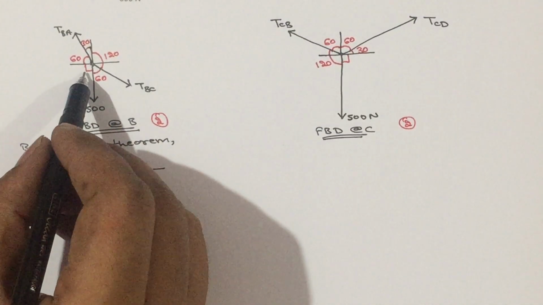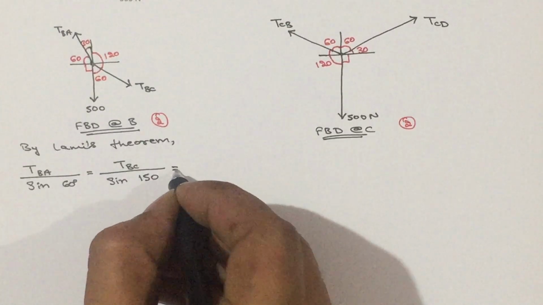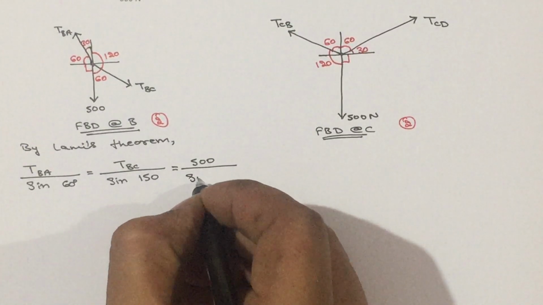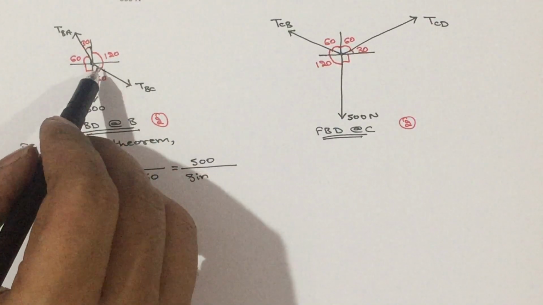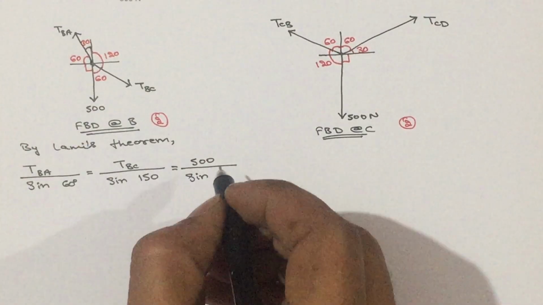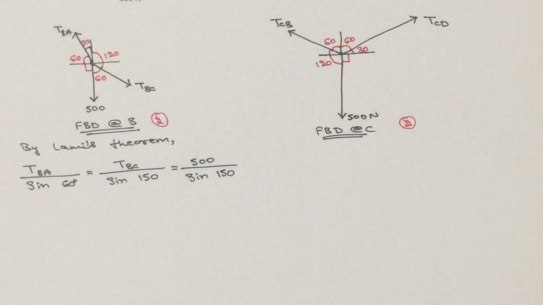Angle between them is 90 plus 60, that is 150. That is equal to 500 divided by sine of the angle between the other two forces, that is from here to here it is 120 plus from here to here it is 30. 120 plus 30, it will be 150.